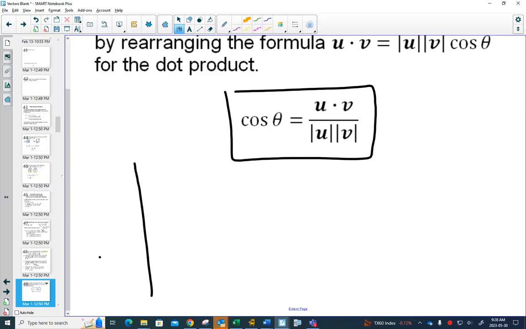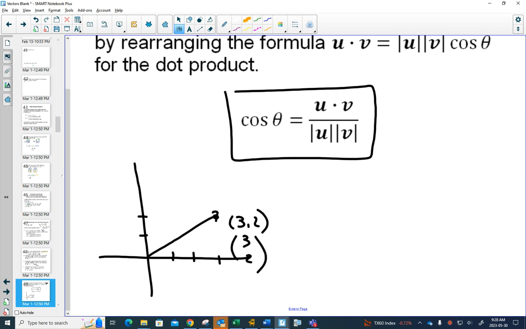If I gave you, let's say, one vector that went to the point 3, 2. So this vector I could write as the vector 3, 2. Another vector went to the point 2, 5. I could call this vector 2, 5.